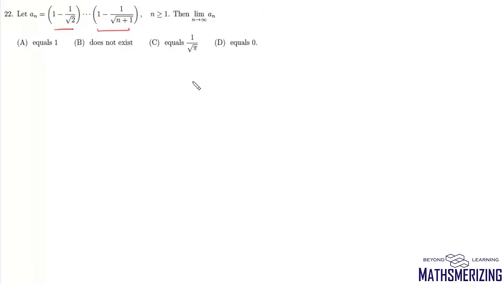Now we know that 1 minus 1 upon root 2 is less than 1 minus 1 upon root 3, is less than 1 minus 1 upon root 4, and so on, less than 1 minus 1 upon under root of n plus 1.